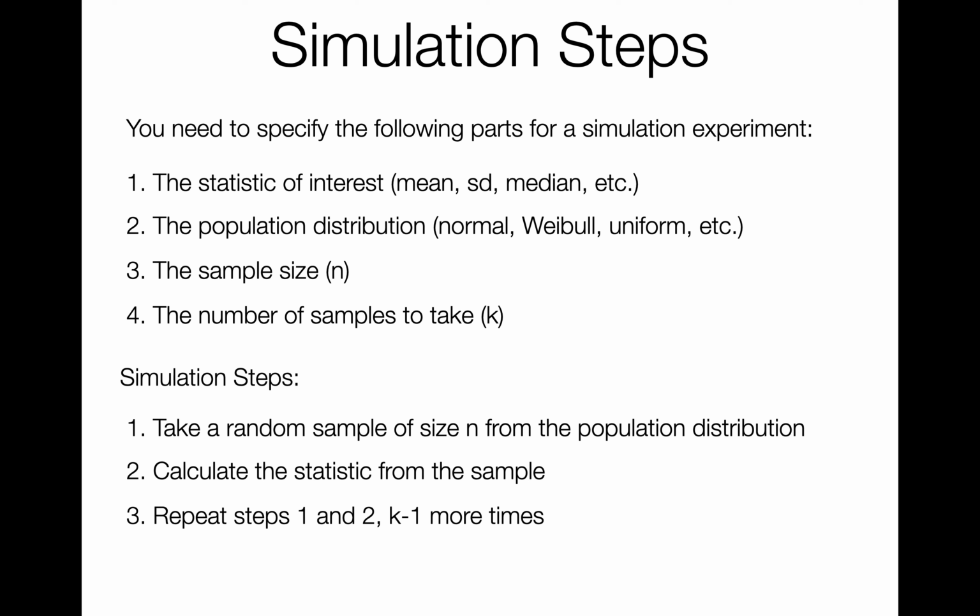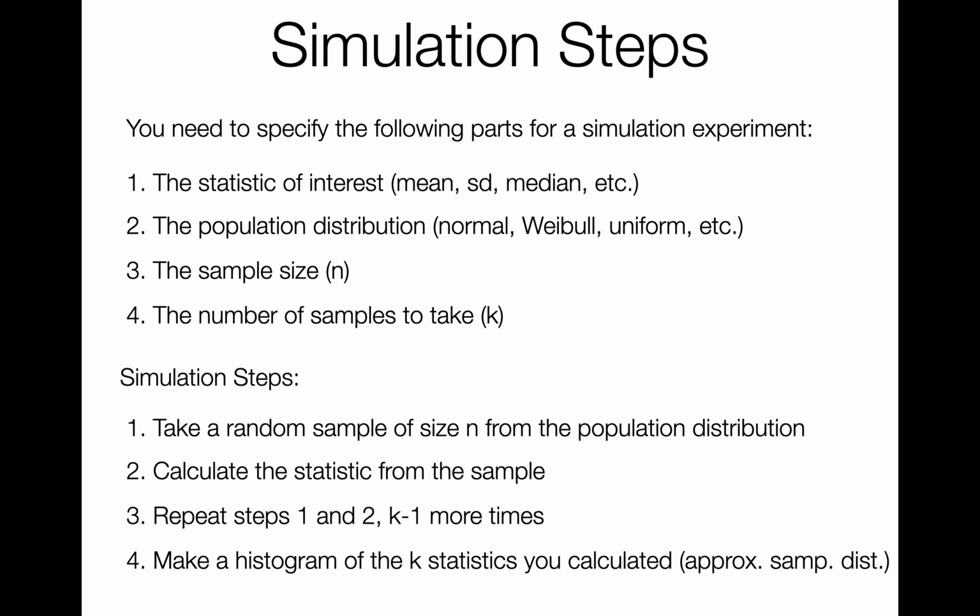Now you need to repeat steps 1 and 2 k minus 1 more times, because I want k statistics total. And then at the end, you make a histogram of the k statistics that you calculated, and that histogram is called the approximate sampling distribution.